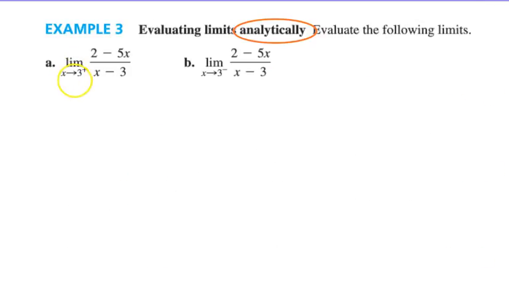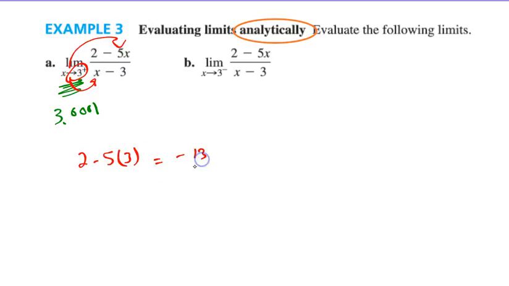If I do x approaching 3 from the right and think about 3.0001, because I can't do direct substitution because I divide by 0, I could do direct substitution for the numerator. So I'll just talk about the numerator being 2 minus 5 times 3, negative 13.